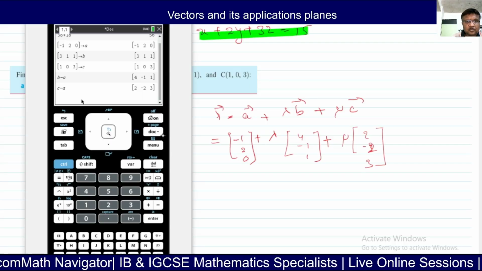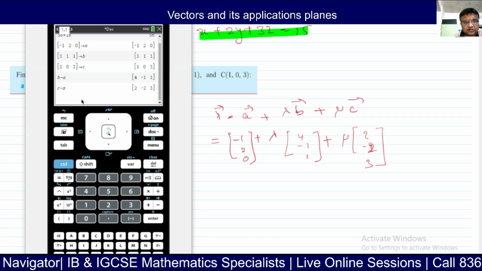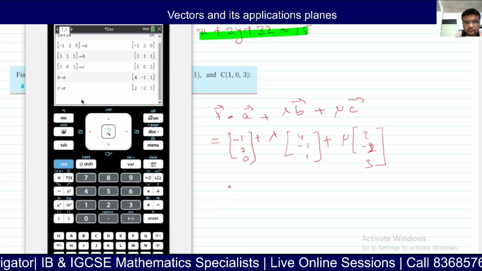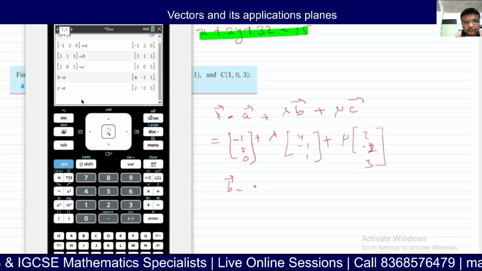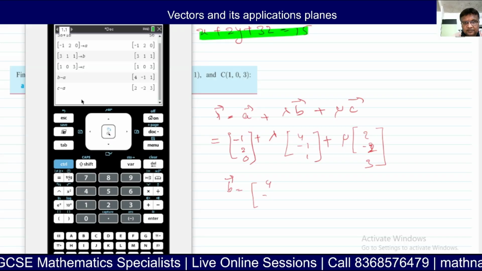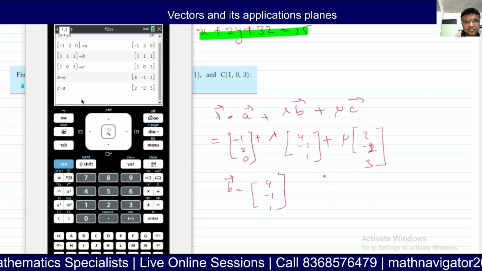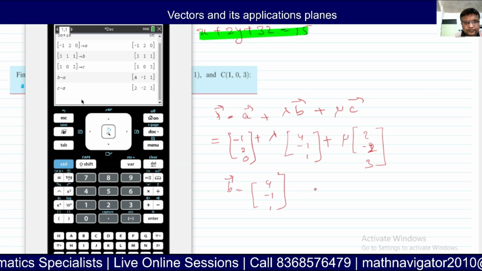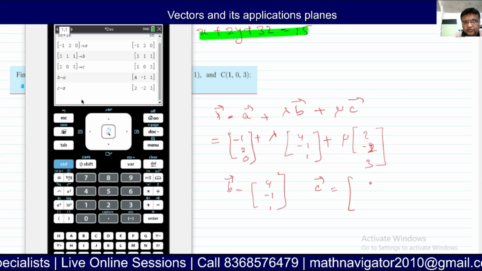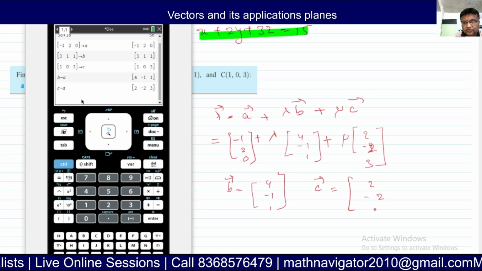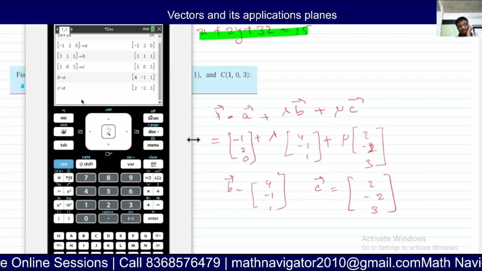So I have got my vector B. So lambda vector B. Vector B is equal to (4, -1, 1). And vector C is equal to (2, -2, 3). Now, we need to understand one thing.